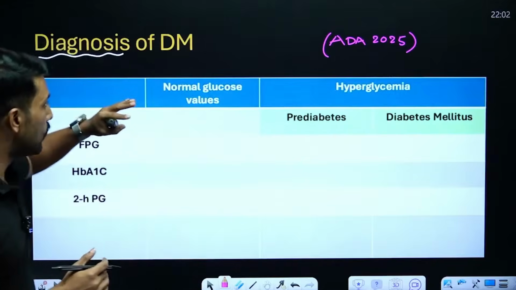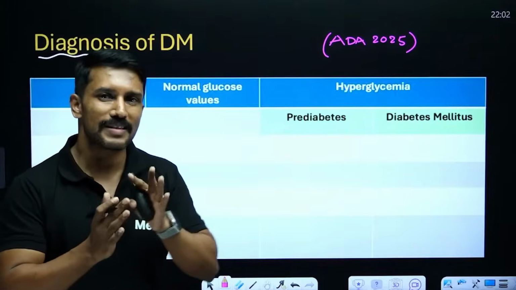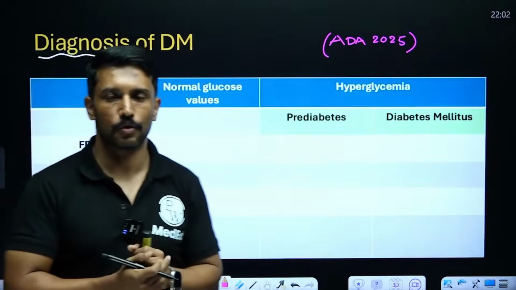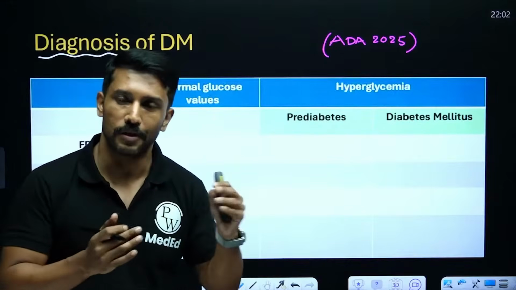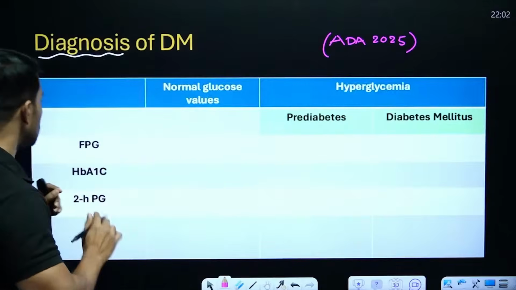Okay. Now, when do I say that a person is diabetic? I can call a person diabetic if his fasting blood glucose level is above a certain threshold, or if his 2-hour postprandial blood glucose level is above a certain threshold, or if his HbA1c is above a certain threshold. So what is that threshold?